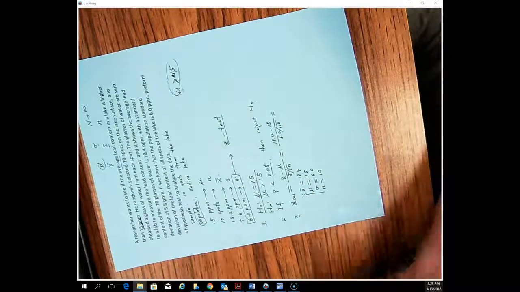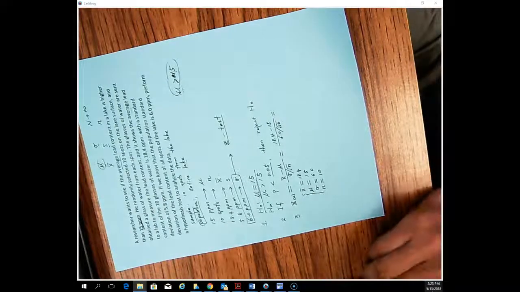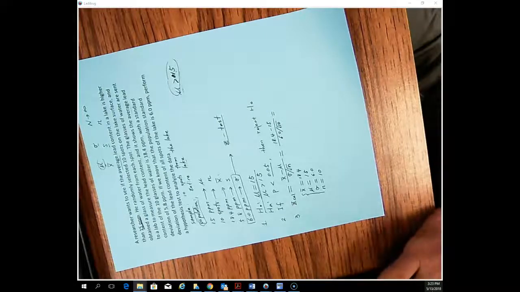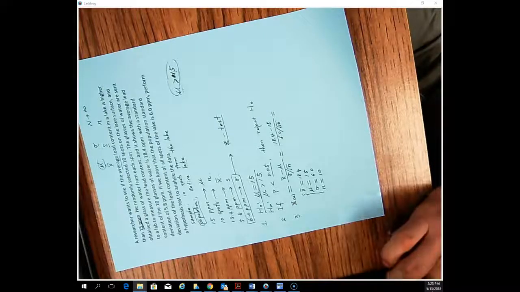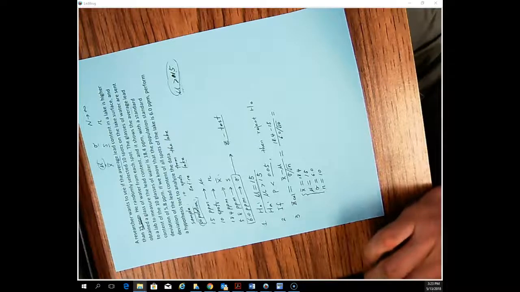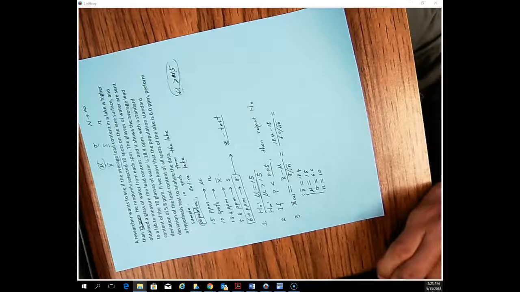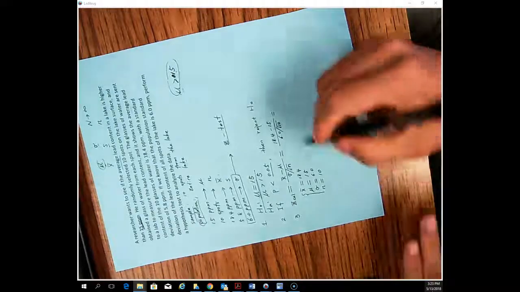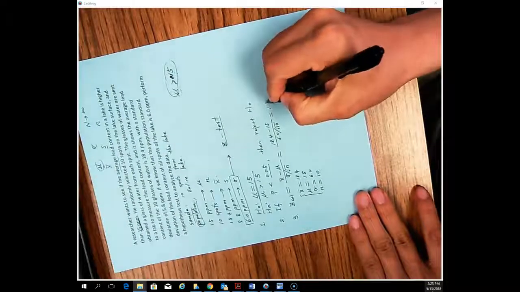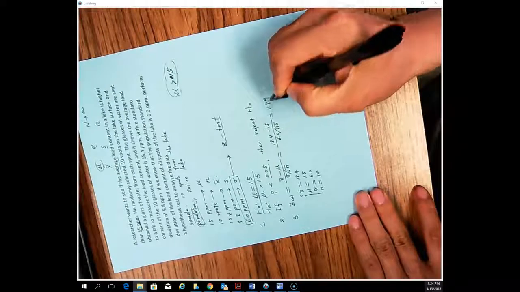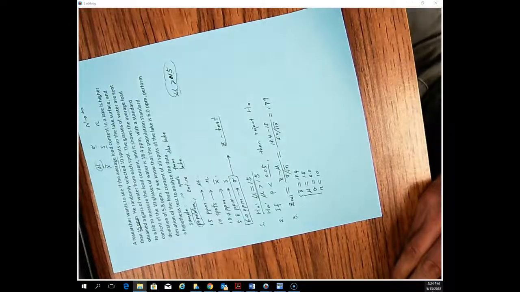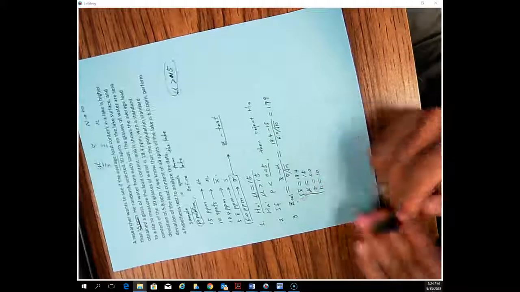Okay, so we can calculate this test statistic using calculator. 18.4 minus 15, the result divided by 6 over square root of 10. So if we do the math, we got 1.79. So the test statistic is calculated.